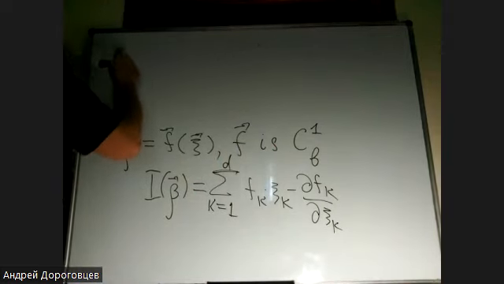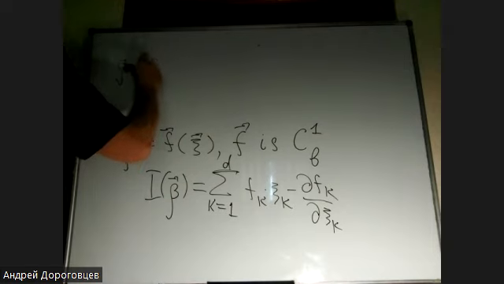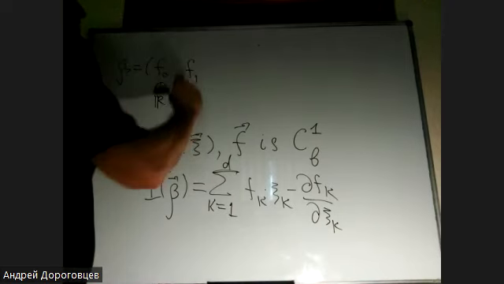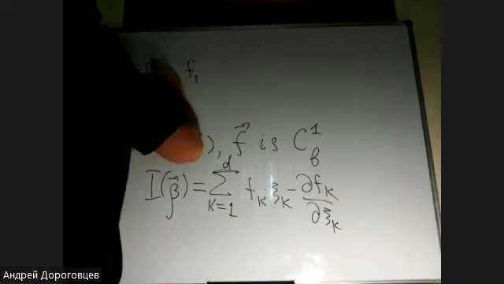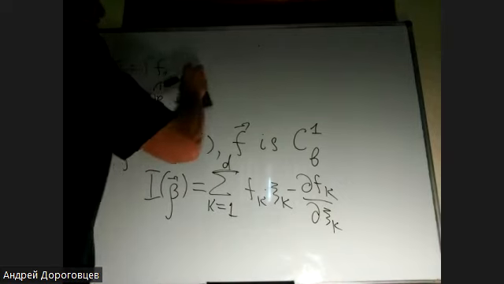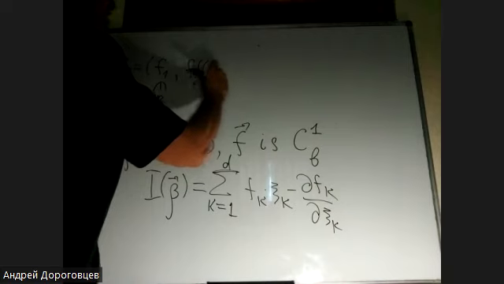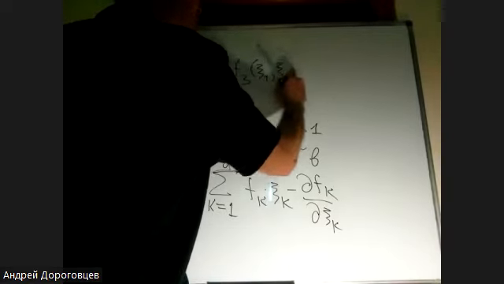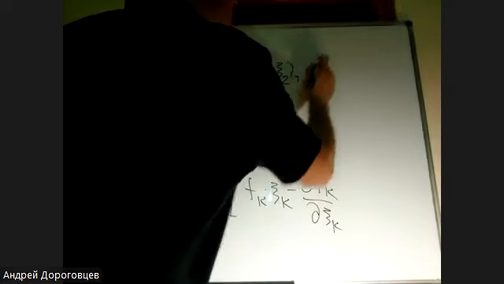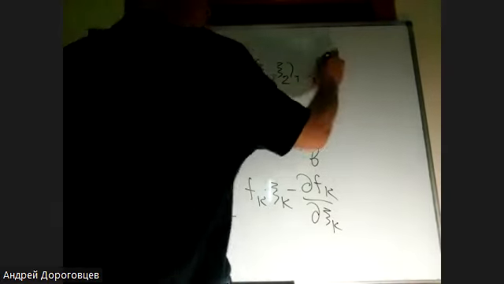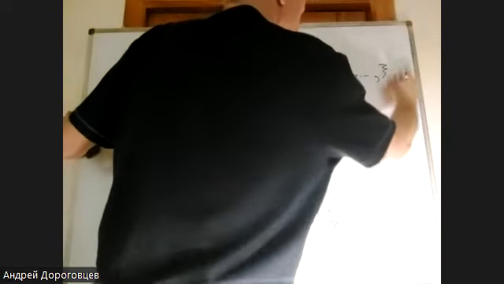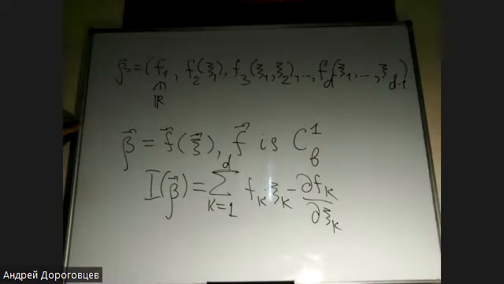Beta is equal to F0, which is just a number, then F1, which is just a number, F2, which depends on xi_1, F3, which depends on xi_1, xi_2, and so on, F_d, which depends on xi_1, ..., xi_{d-1}.